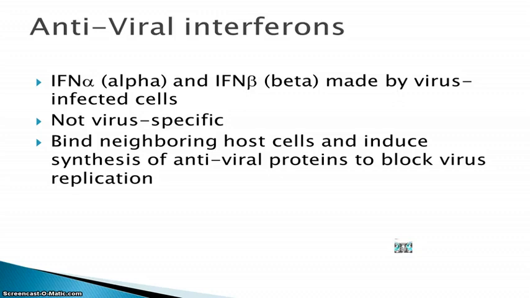But you do have some home defense systems based on chemical signaling, and that is in the form of interferons, and specifically interferon alpha and interferon beta. These are chemicals that are made by cells that have already been infected by a virus.